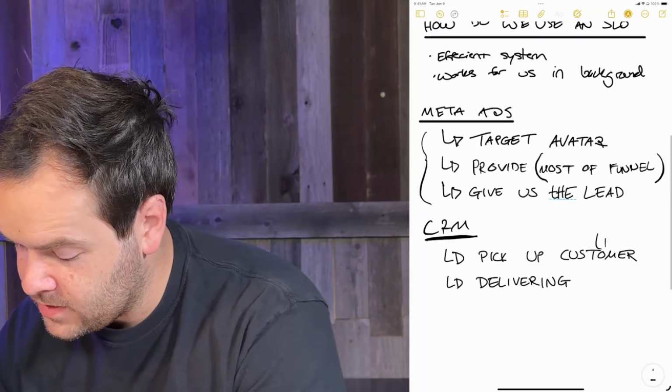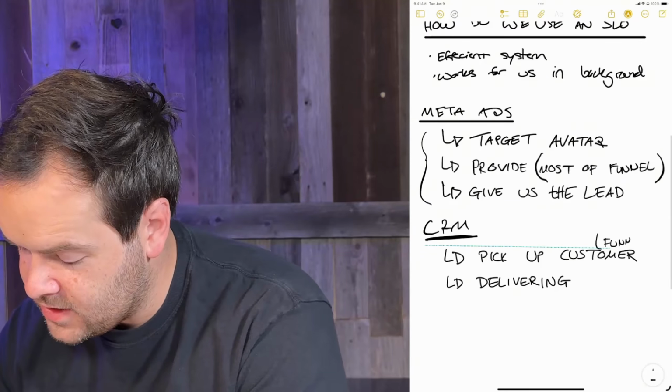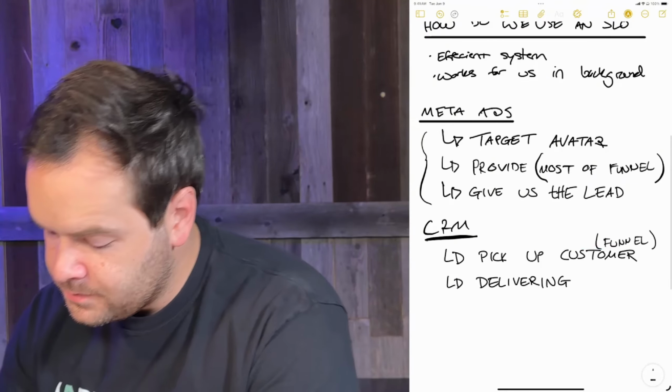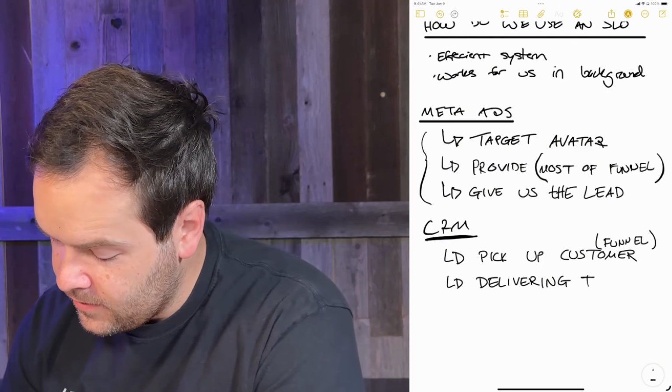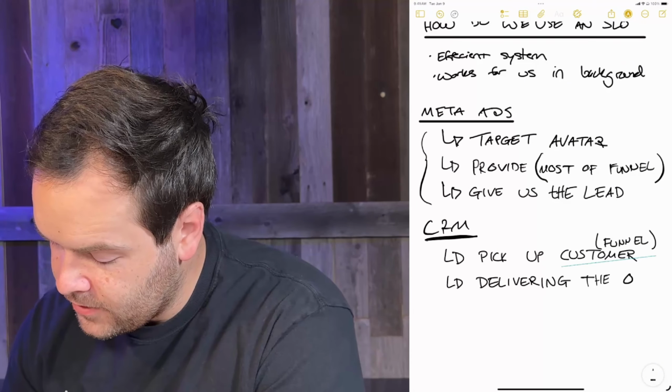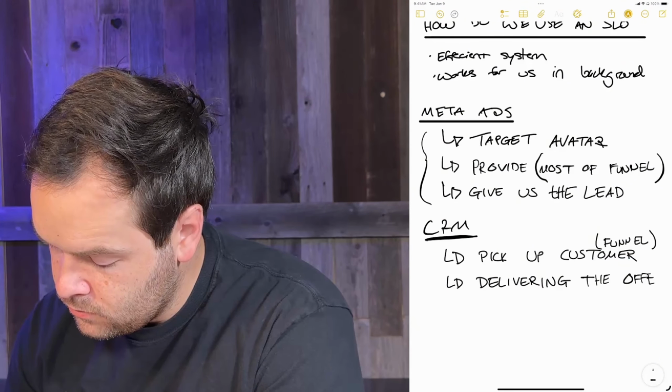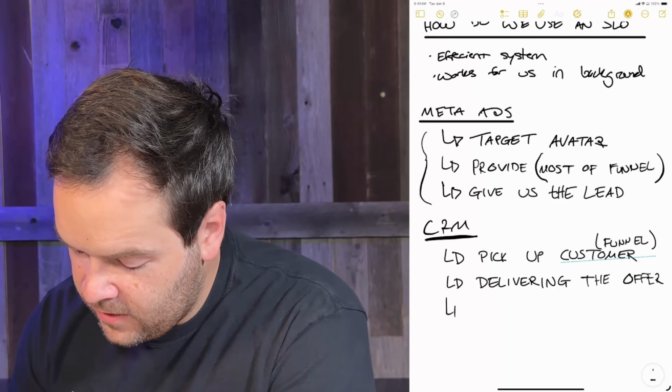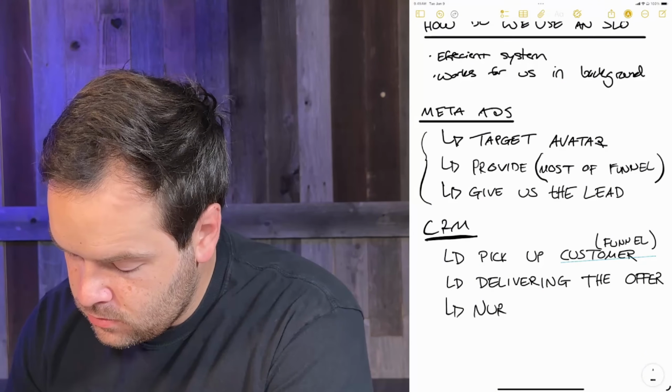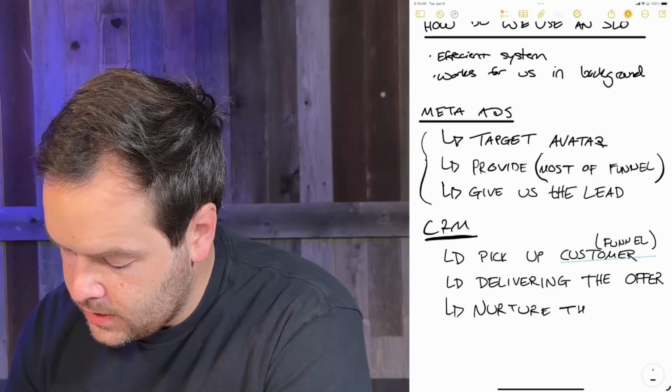So I'm going to put in here basically funnel, because it's going to close out the funnel. Delivering the offer. And then, of course, nurture the lead.